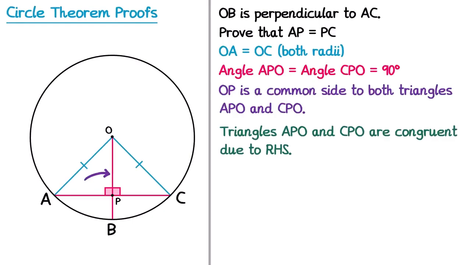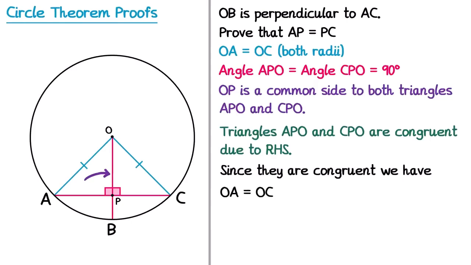Since the two triangles are congruent, their sides must be equal in length. So we could write down, since they're congruent, we have, and then if we start by looking at the radii, OA and OC, we know they're equal in length, which is the hypotenuse.